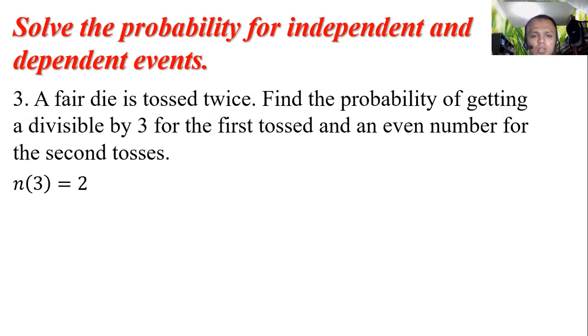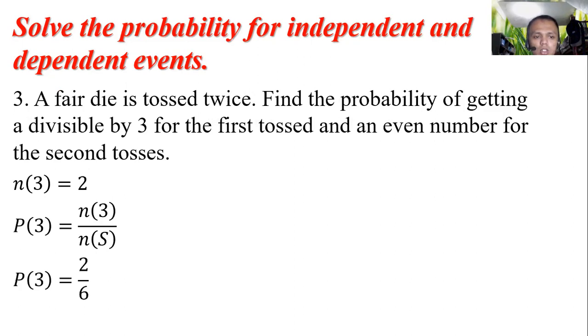Kasi nga first toss eh. Kumbaga isang die lang gamit natin dito. So may replacement. Now, the probability of event to get the divisible by 3 is 2 because from 1 to 6, 3 and 6 lang naman ang divisible by 3. And then the probability niya, no, is equal to 2 over by 6 or 1/3.